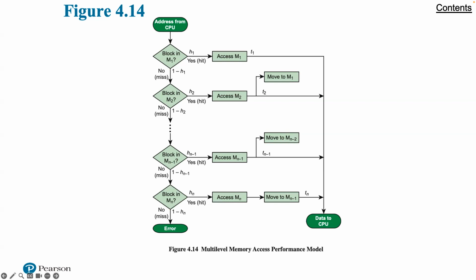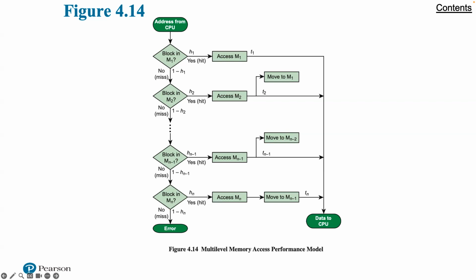In the typical memory hierarchy, Mn is the disk used in a virtual memory scheme. And in this case, if the word is not found in any of the preceding levels and is found in Mn, then the word must first be moved as part of the page into main memory, Mn minus 1.